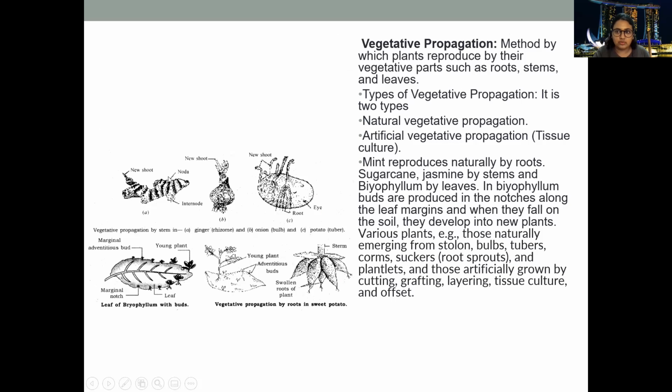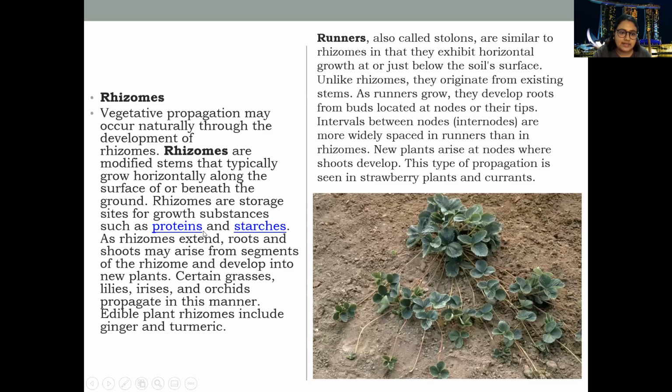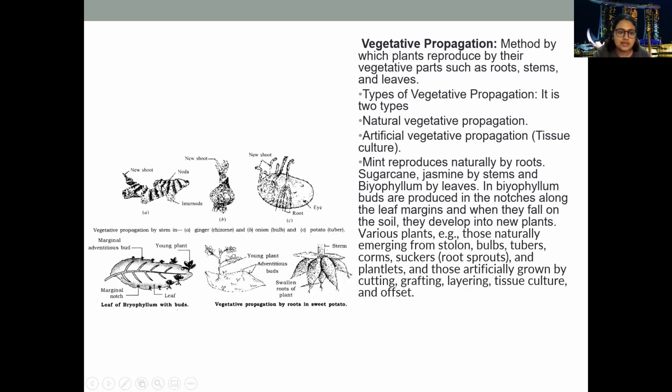If you have ginger at your home, if you keep it for a long time, you can see at certain places, where there are dry scaly leaves, some buds appear.